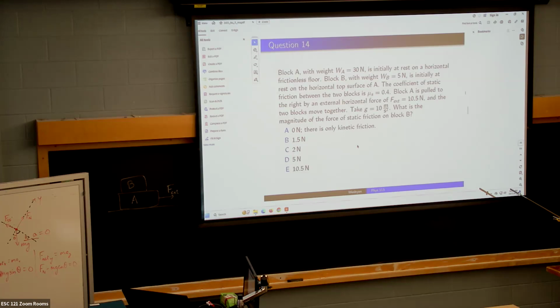No, I won't accept the equations without diagrams. You've got to justify it. Because this is the force of friction of A on B, so there must be a force of friction.